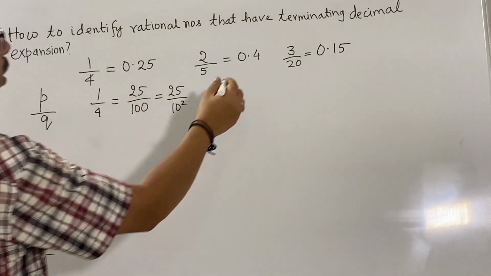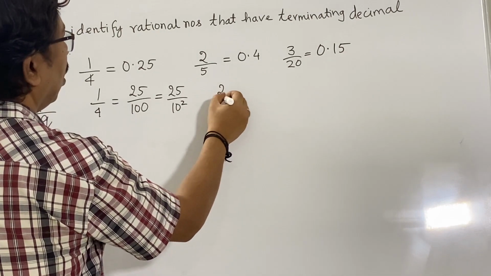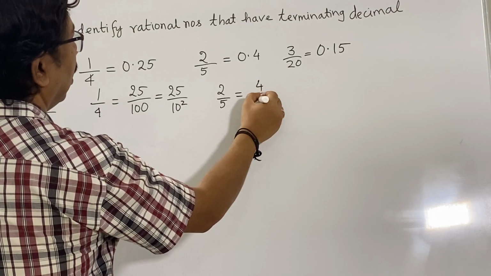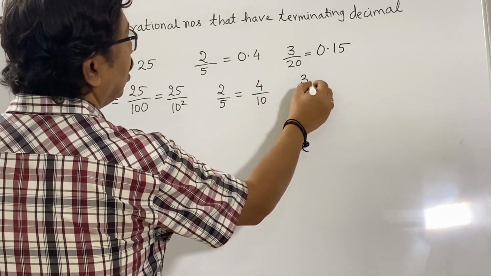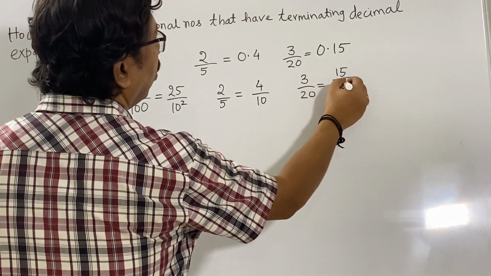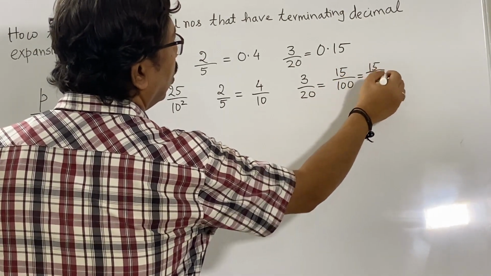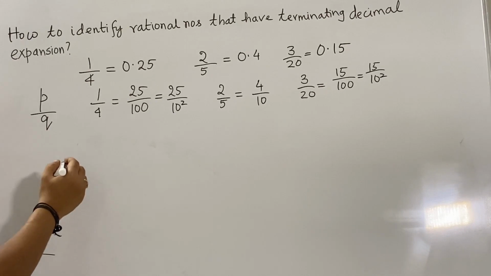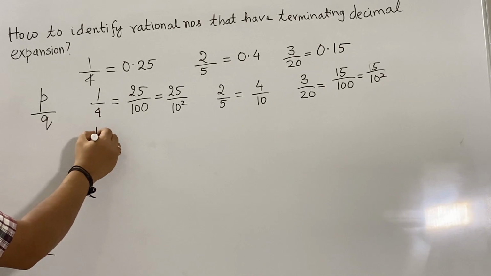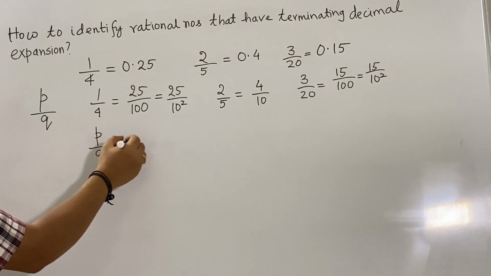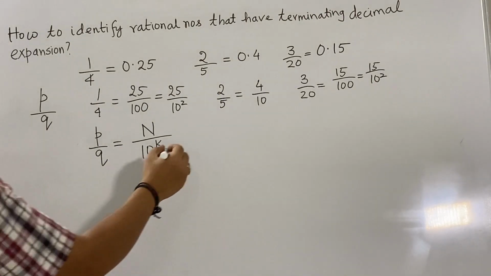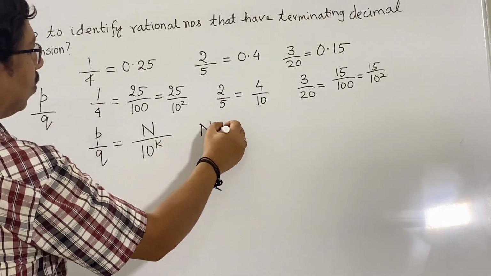Similarly, if you are looking at 2 by 5, then you can write 2 by 5 as 4 by 10, or 3 by 20 as 15 by 100, which is 15 by 10 square. Any number which has a terminating decimal expansion would be possible to write as capital N by 10 to the power k, where capital N is an integer.